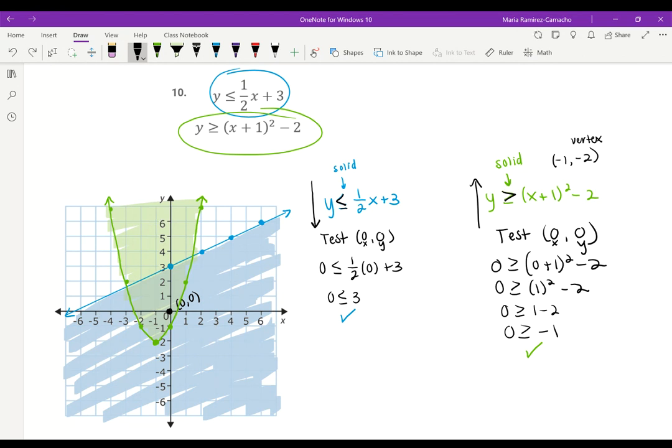So this works for less than and less than or equal to, and this works for greater than or equal to. If it helps you at all, you're welcome to use this. Make sure that you still test a point in your solution region to check that you've done this correctly, but little shortcut there.